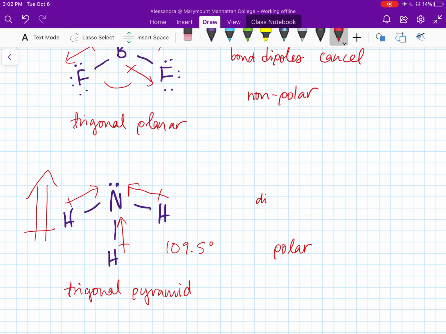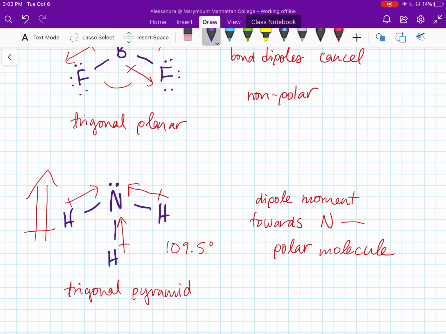The dipole moment points towards the nitrogen because that's the most electronegative atom. So this is going to be a polar molecule due to its asymmetrical charge distribution. That makes it very different from BF3.